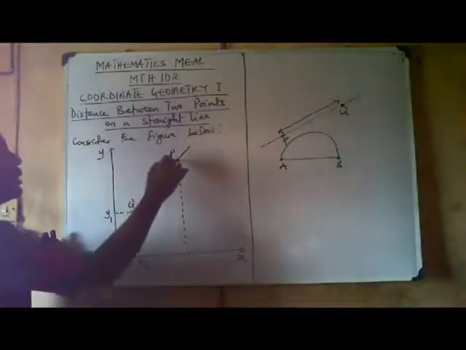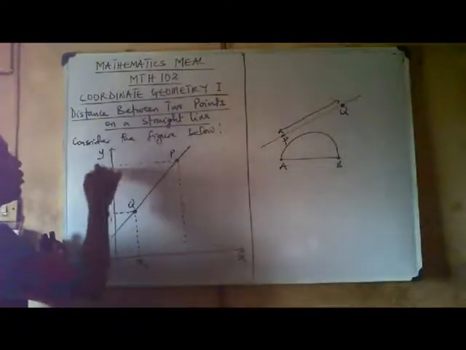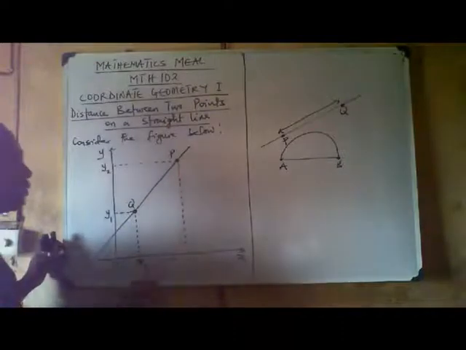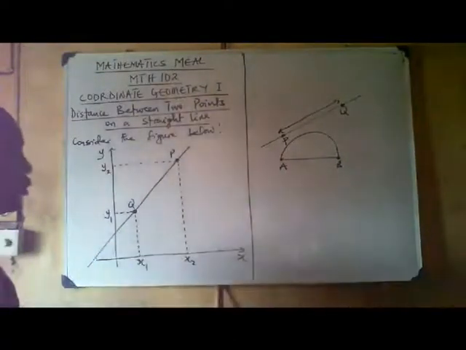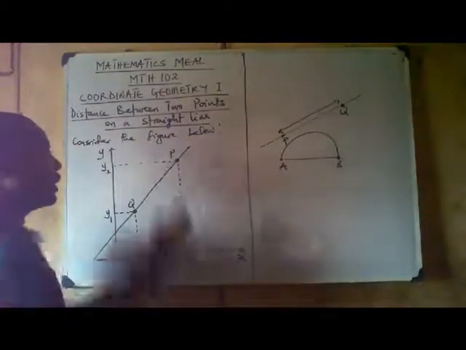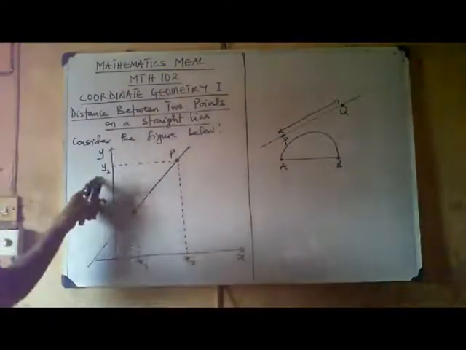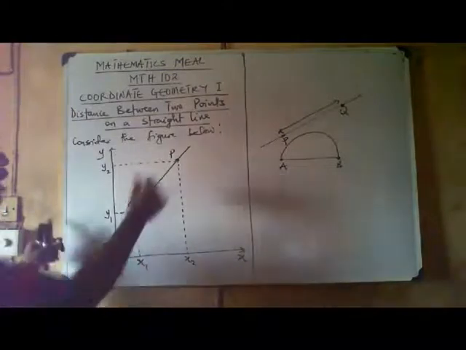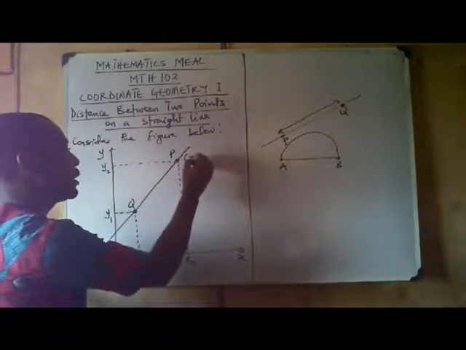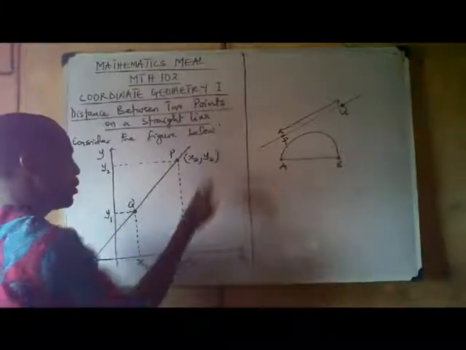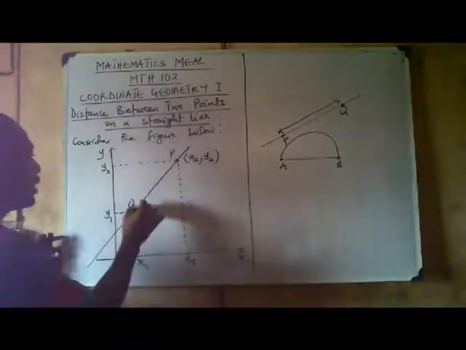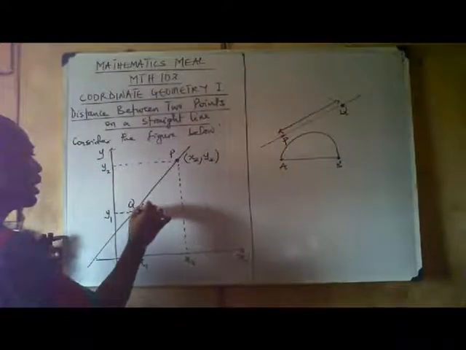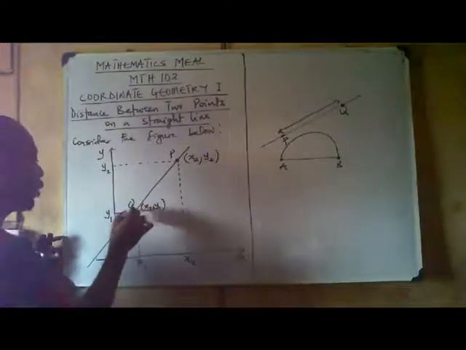Now P is at a certain value of x, which I may call x2, and a certain value of y, which I may call y2. When you are drawing your graph, you just move to where they intersect. That's your point. So we have an ordered pair here, x2, y2, and the same thing here, x1, y1 for Q.